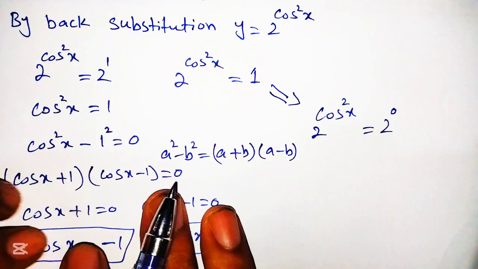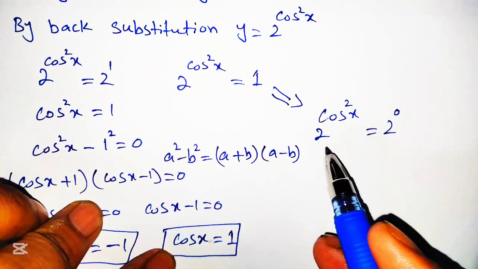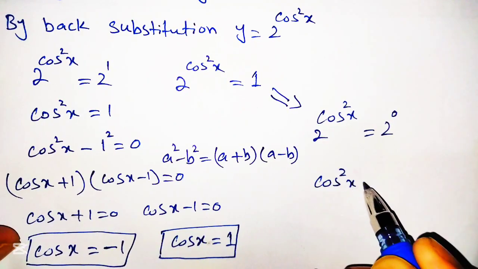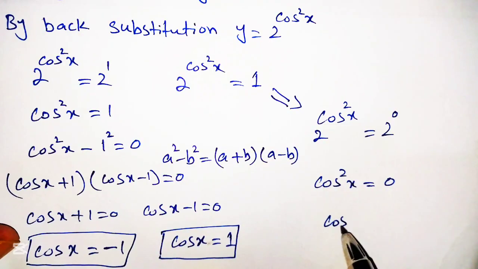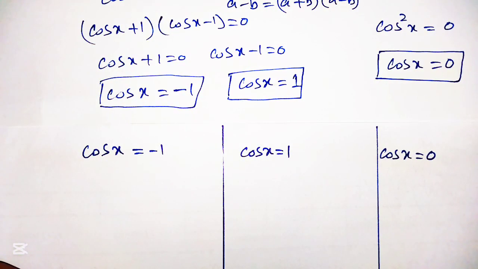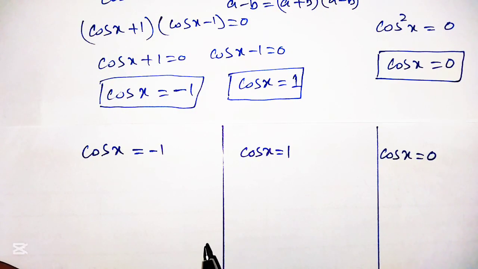On comparing left hand and right hand side, we conclude that cosine square x is equal to 0, and from this we find cosine x is equal to 0. So these are the three equations to find the three roots of the given equation.